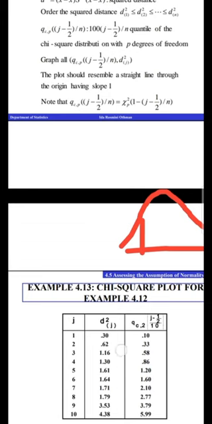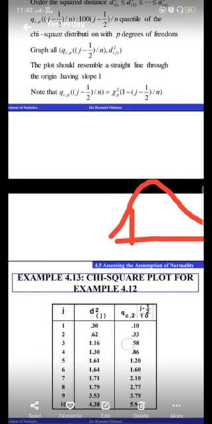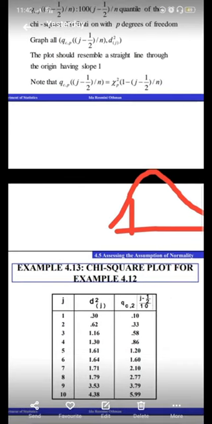The second row will be 2 minus half divided by 10, so it will be 0.15. The third row will be 3 minus half divided by 10, so it will be 0.25 and so on. So we need to find that value to put here because we want to find the quantile using the chi-square table.